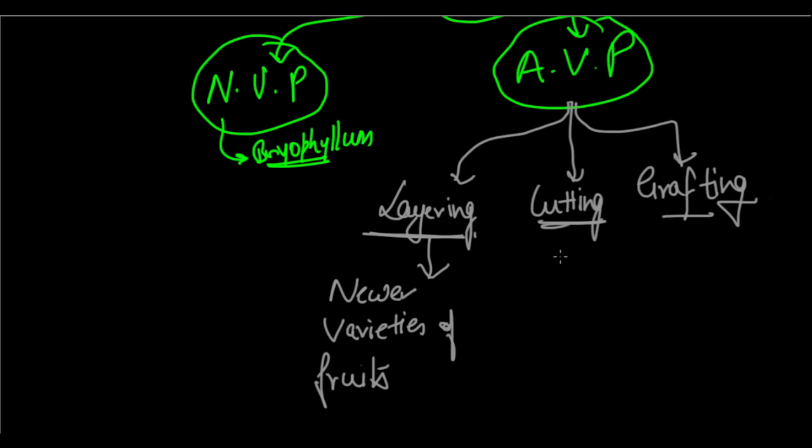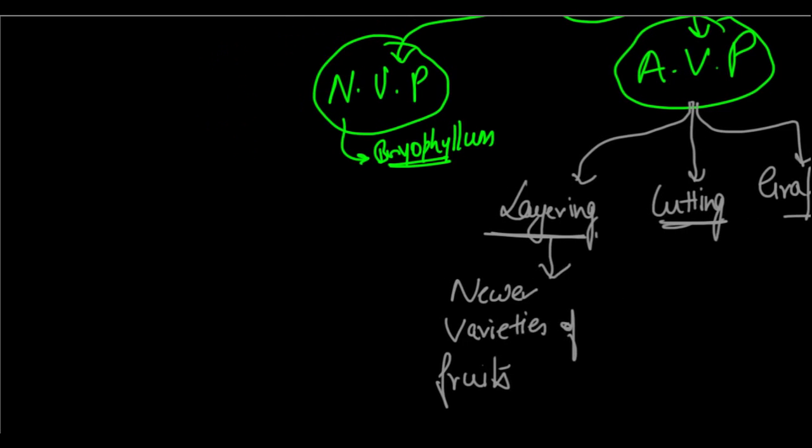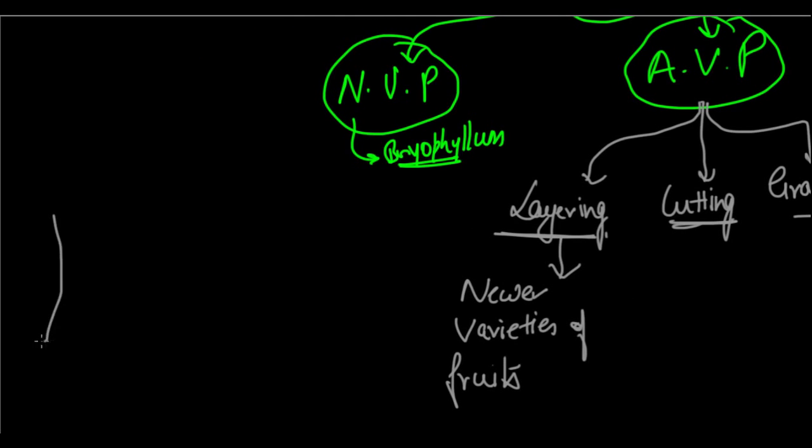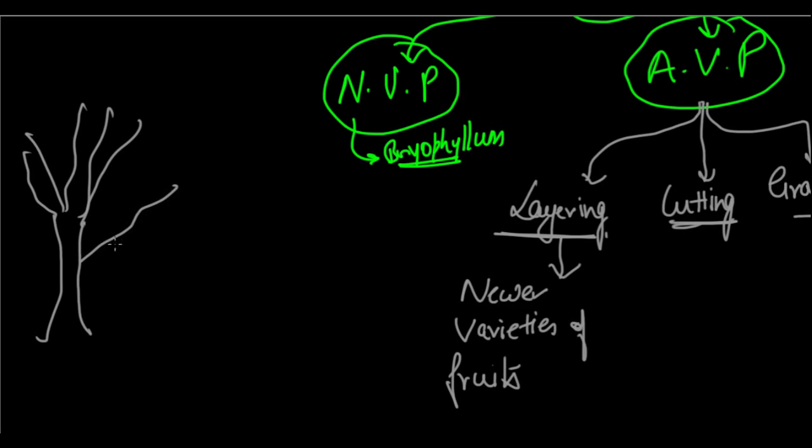Cutting, again, what we basically do in cutting is that we take, I'll show it somewhere here, one plant part which is growing very well, okay? So there's a plant which is growing very well. Suppose there's a plant which grows really well and one of its branches grows really well, right? It has a lot of leaves and this and that. It's very, very long, right?